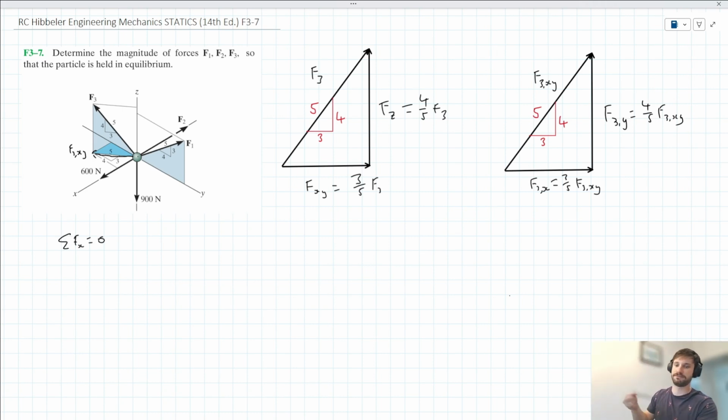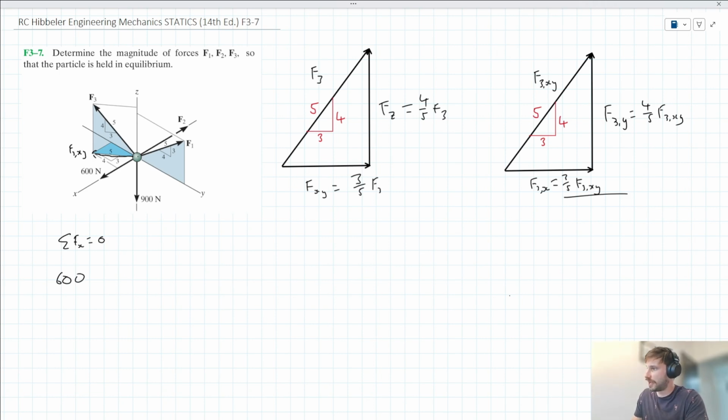Therefore, things acting this way in the X are equal to things acting that way in the X. So things acting towards us this way. Evidently, we've got this 600 Newton force, so we've got that. We'll also have the X component of our F3 here acting this way towards us in the X. And we can note that this is equal to 3/5 of F3, XY.